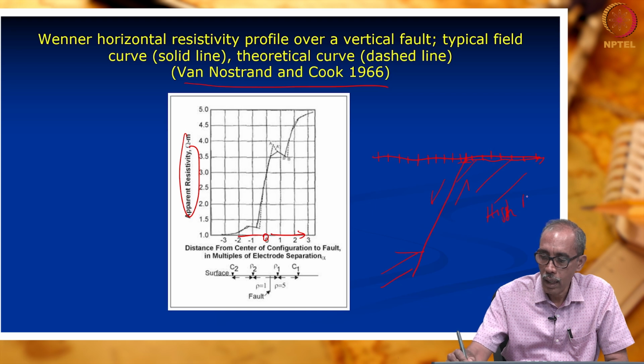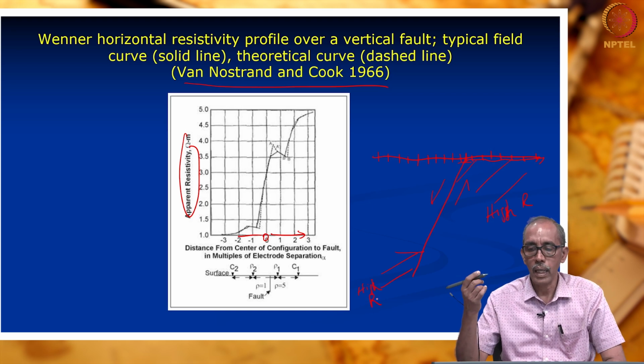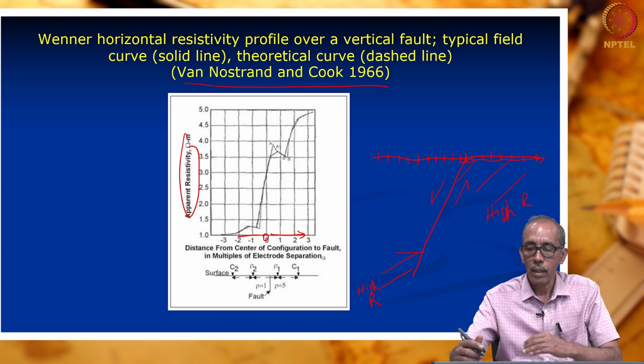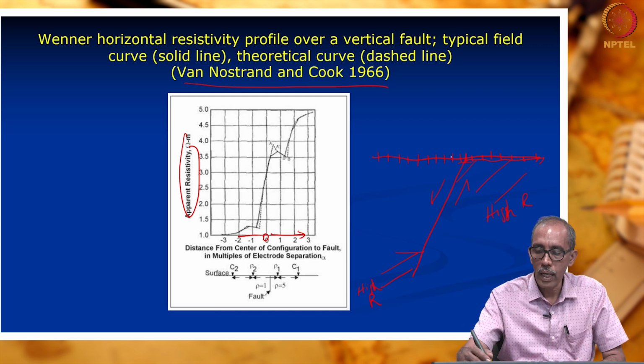resistivity, this is also high resistivity rock, high or true resistivity I am writing, right. This rock has moved upwards, whereas the same rock on the other side has moved downwards.